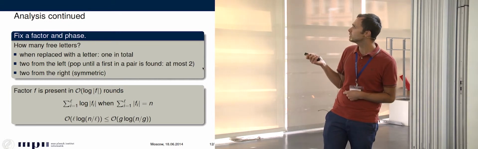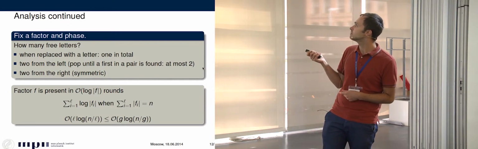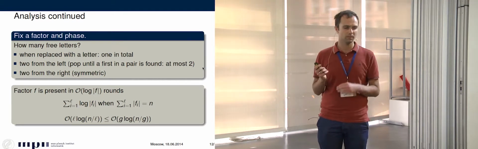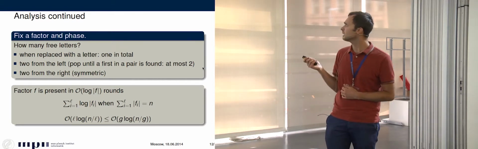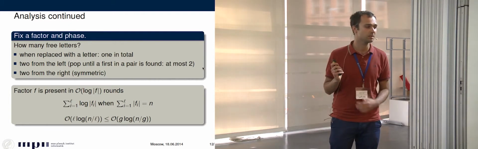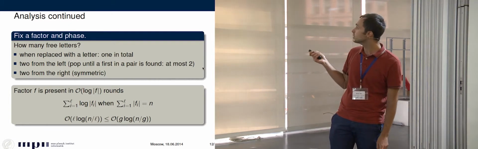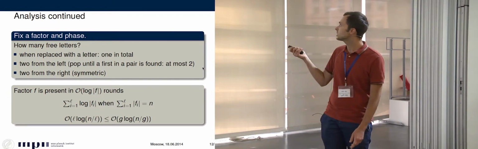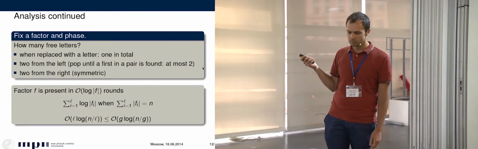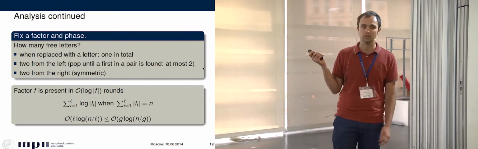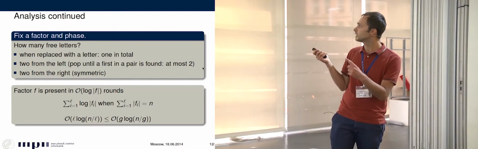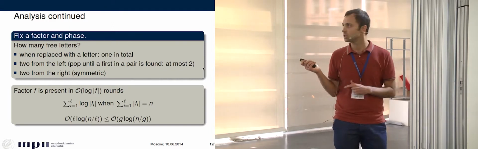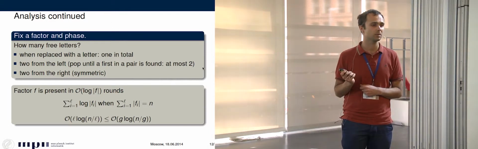So in total we will introduce some logarithm times the sum of the lengths of the factors, and we know that all factors sum up to the length of the initial word. This is minimized when all those factors are equal, of length n over L, which gives this upper bound, and since L is at most G, this gives also this upper bound.